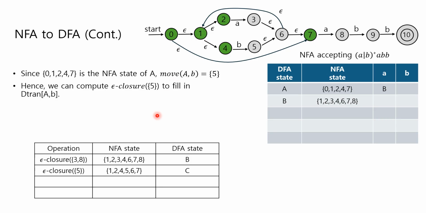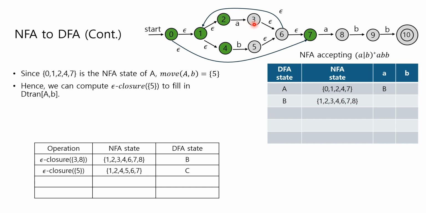So state 1 is in the epsilon closure of 5, and 2 you can reach from state 5 to 6 to 1 to 2, on which the transitions are all epsilon.